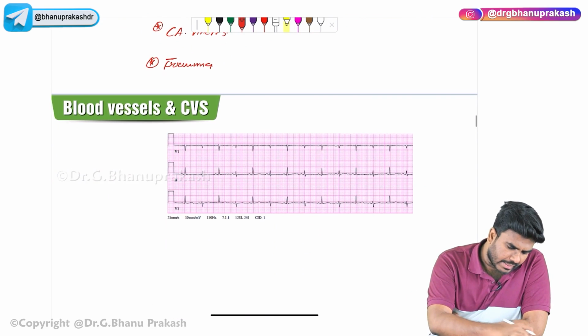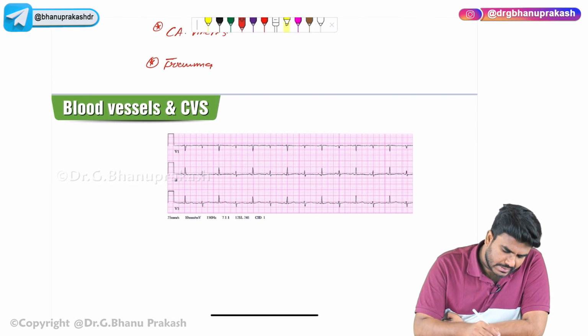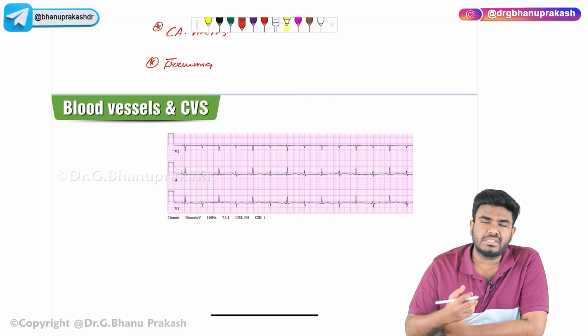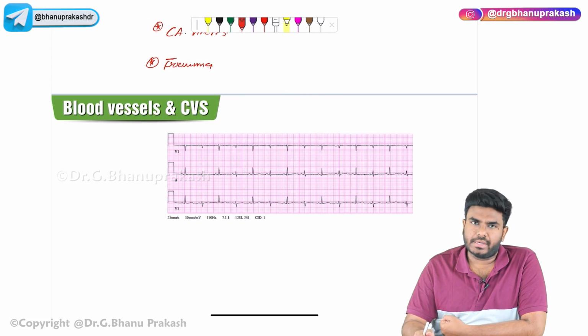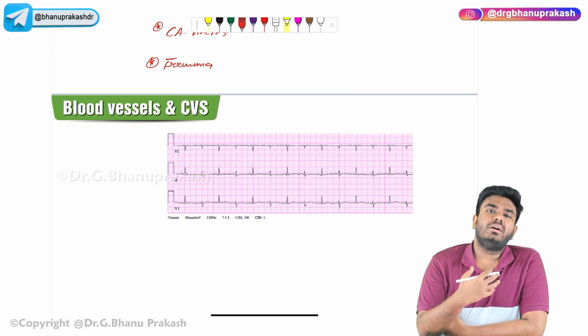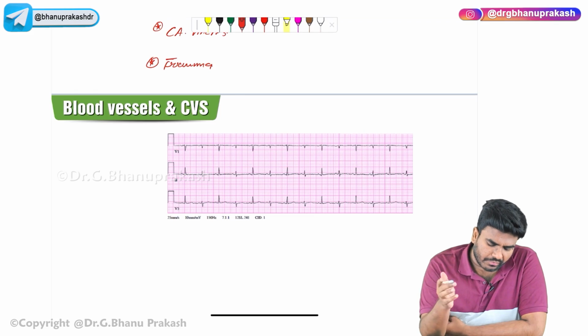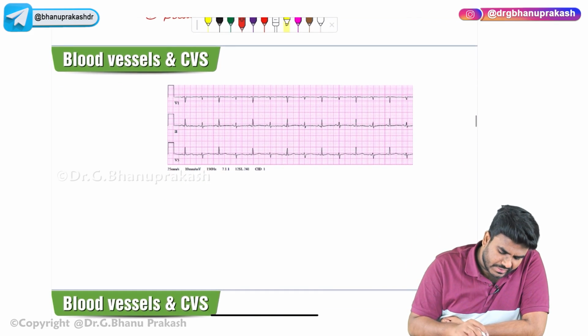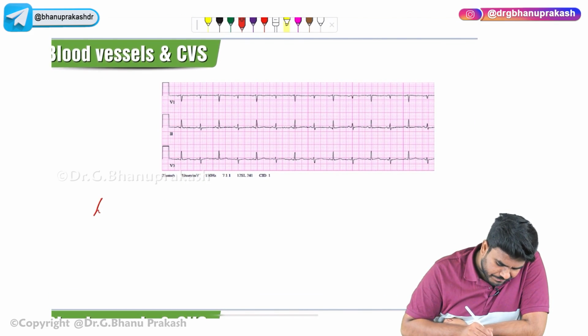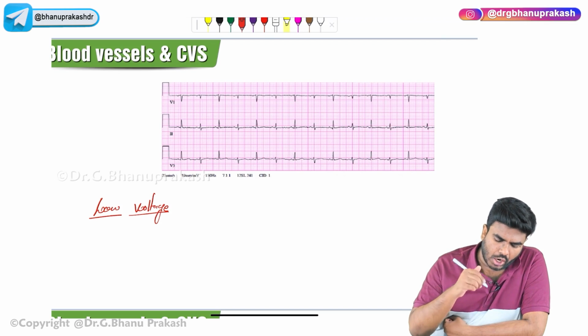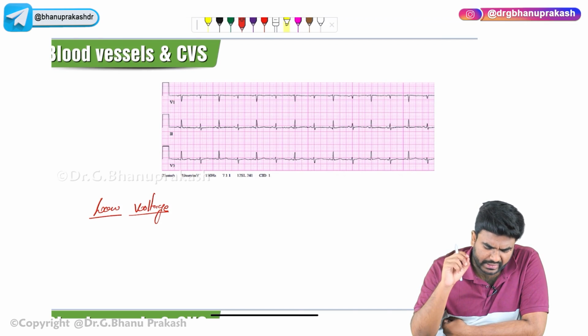Now, in this pericardial tamponade, the important point which I want you to know is that this is a more life-threatening condition. I will explain why. Whenever the patient comes to the hospital and you perform the EKG, first of all, there is a low voltage EKG. You can very well appreciate that all the waves in the EKG are very, very small.